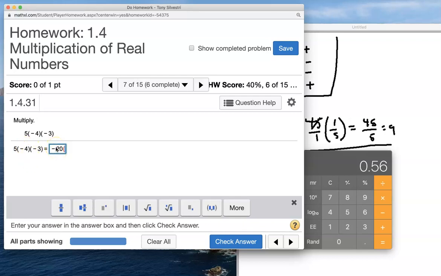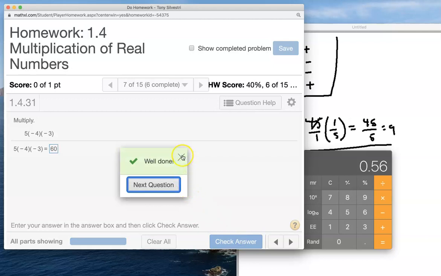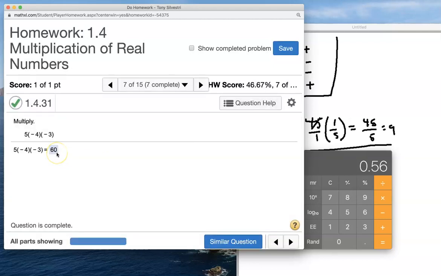And then bring down the minus 3, because all we did was affect the first two. Then we have to multiply by the minus 3. That's equal to positive 60. That's the correct answer, positive 60. Check your answer. And I'm going to stay on that question because there's a quicker way of doing this.